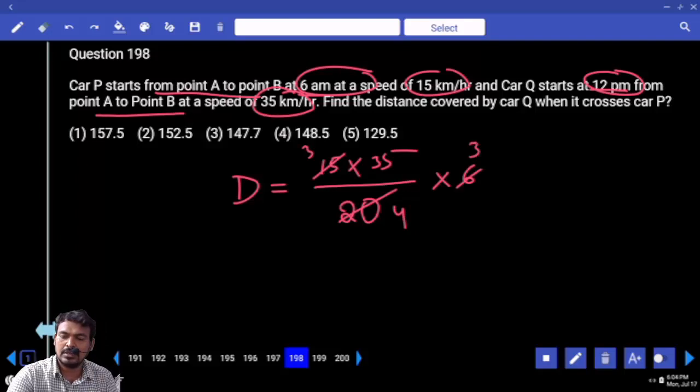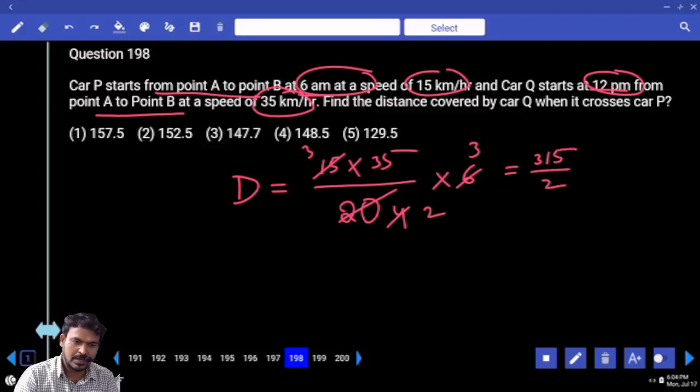Again 2 3s are 6, 2 2s are 4, then 3 into 35 is 105, 105 into 3 means 315, divided by 2. The answer is 157.5.